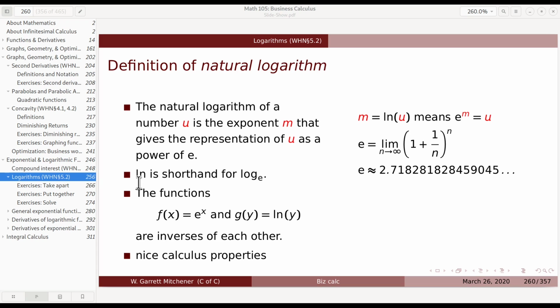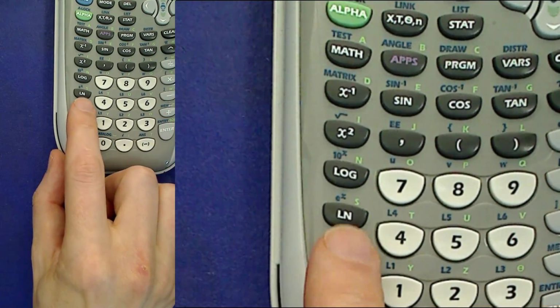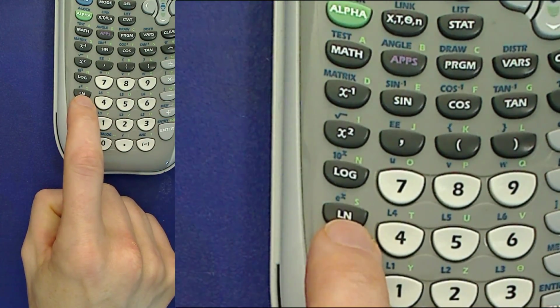And I apologize, I have not been able to find a suitable font that distinguishes all the letters the way I like them. This is a lowercase l and then an n. And so that's the shorthand for logarithm base e. And on your calculator, you will actually see a key labeled ln. Although the key is in uppercase letters, it appears in this calculator right there, ln.